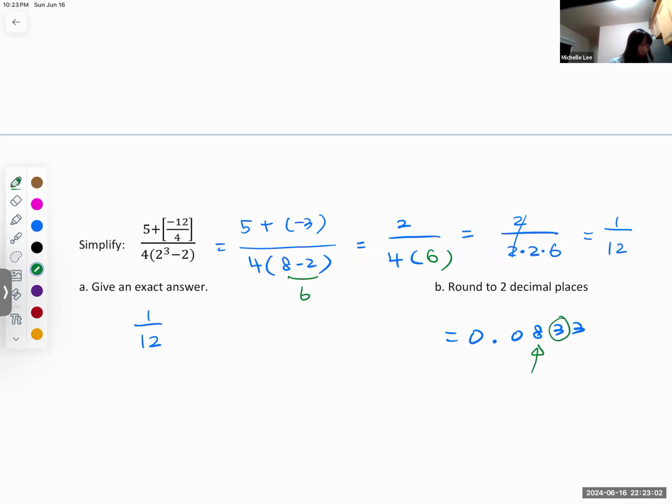So we don't need this one. That means 3 is less than 5, so we round down. Rounding down means we chop the rest. So it will be 0.08. Okay?